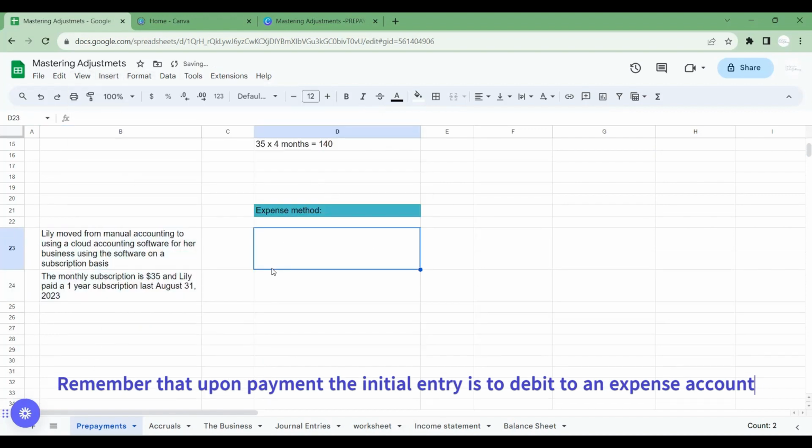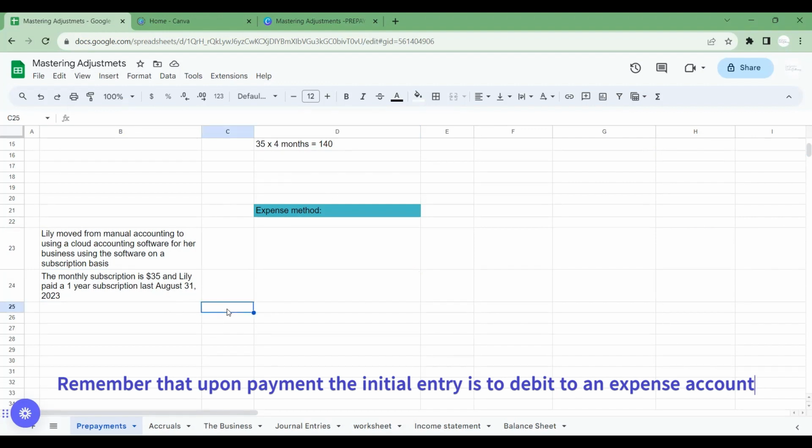As you can remember, under the expense method, upon payment of the 1-year subscription, Lily charges everything to an expense.